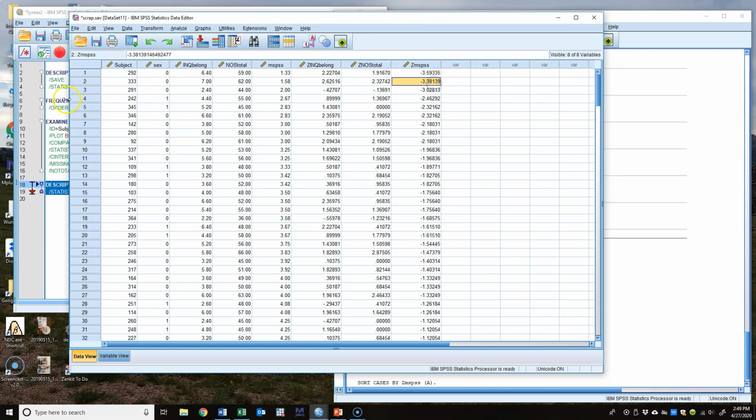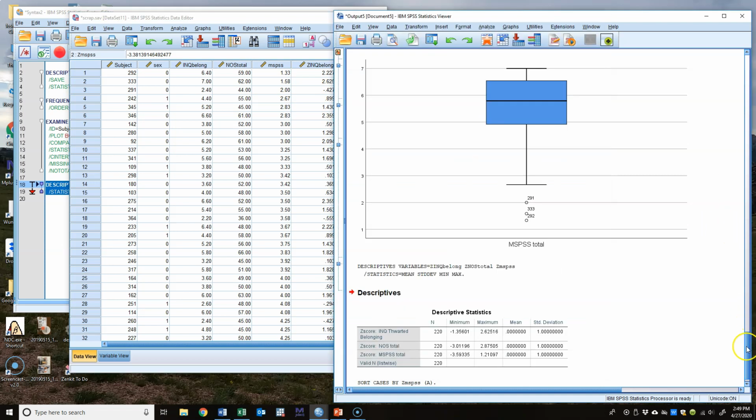So we've got a couple of cases here that we probably want to note. Case 292 has an MSPSS value of 1.33, falling about 3.6 standard deviations below. Case 333 has an MSPSS score of 1.58, about 3.4 standard deviations below the mean.